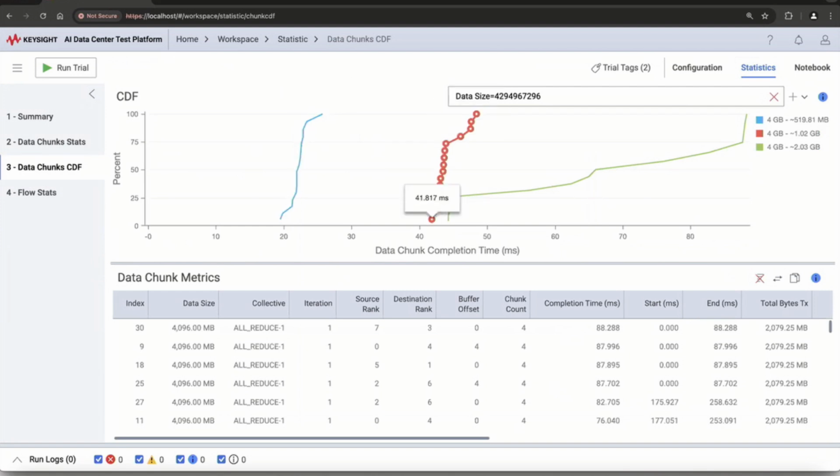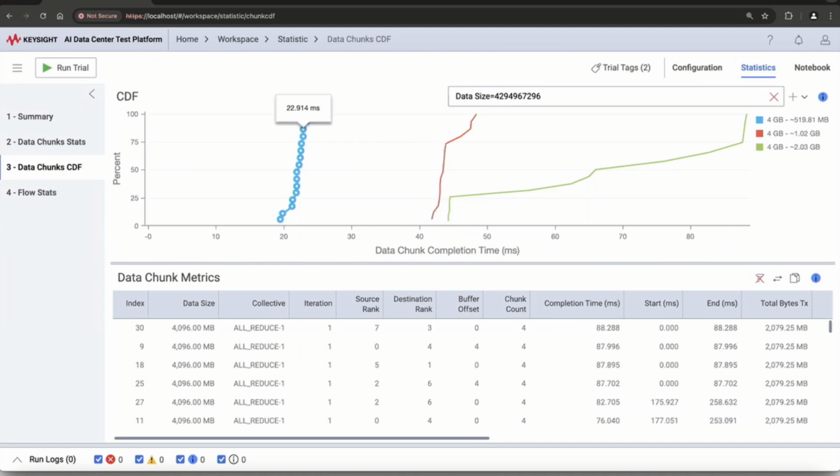So it doesn't make sense to compare the time it took to transmit 1 gig of data with half a gig of data. You would expect it to take less time. So we have 3 different sizes of data being transferred through the network as part of this algorithm. And we want to see the time it took to complete on a per data size basis. And that's why we end up with 3 lines on the CDF.